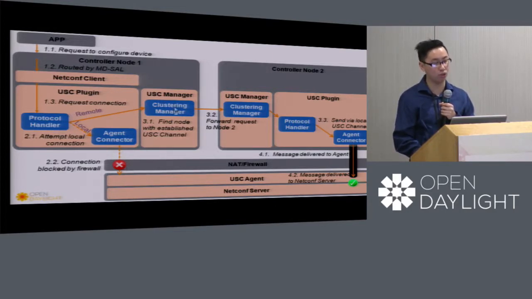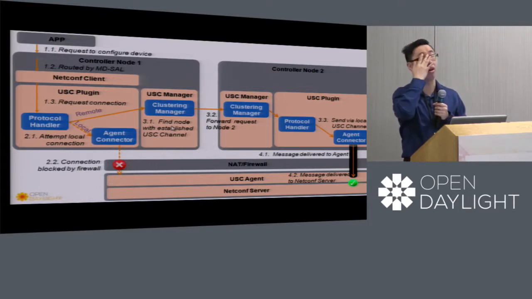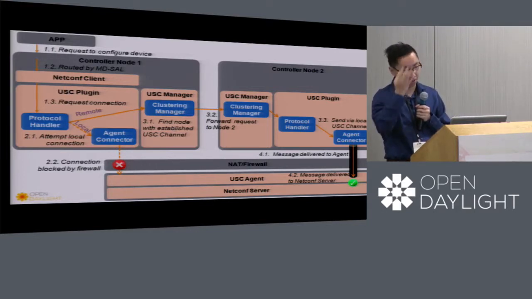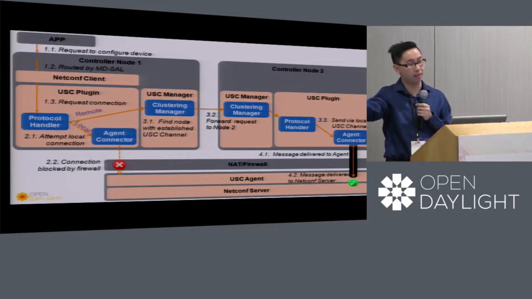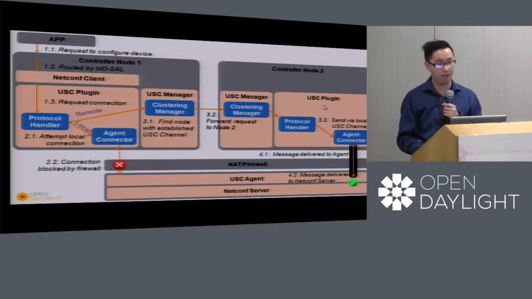So it sends it over to our USC clustering manager, which will go in and, through a lookup, we have a hash table where we map the node and the controller that it's in. So we do a lookup, and we've determined that it's actually in controller 2. So then we send a message to controller 2's clustering manager, which sends it to controller 2's protocol handler, and then sends that message along the way to the device itself.